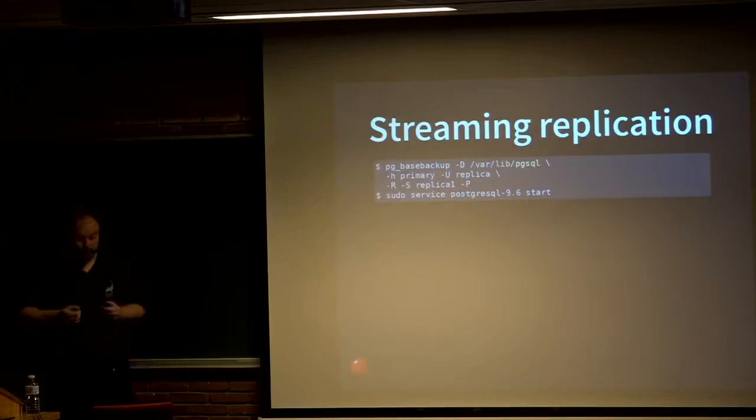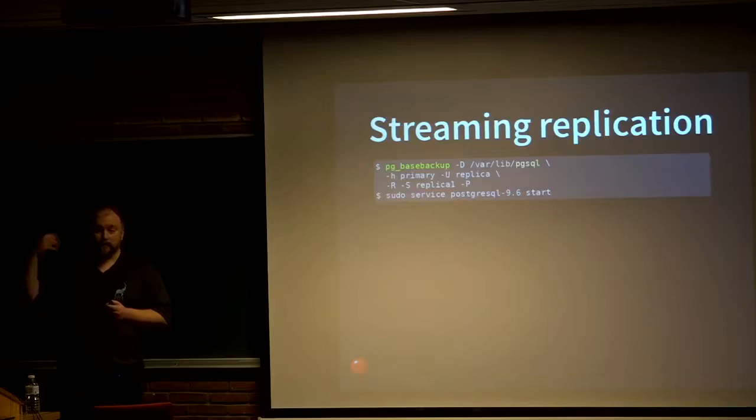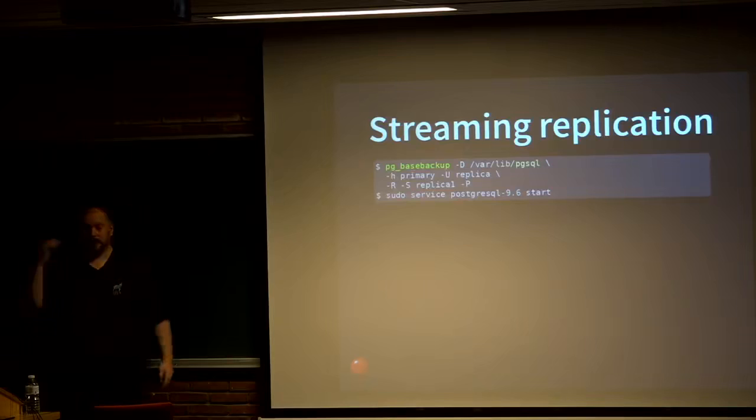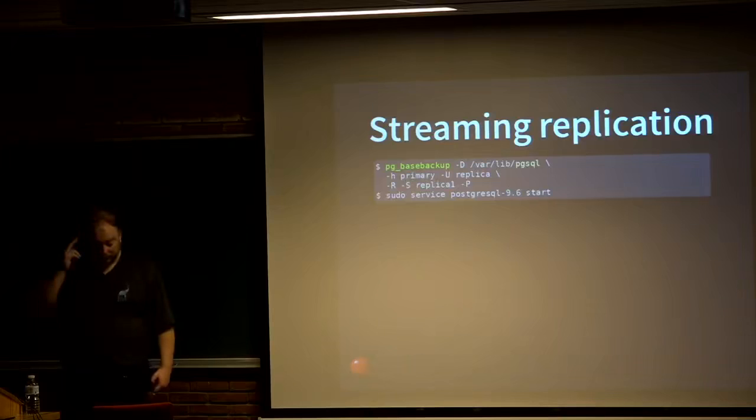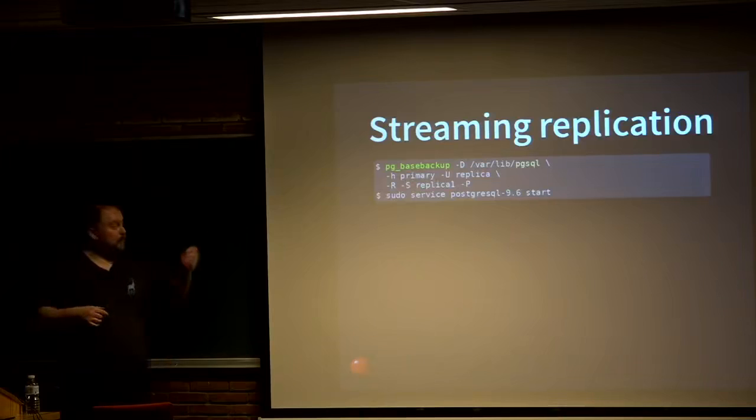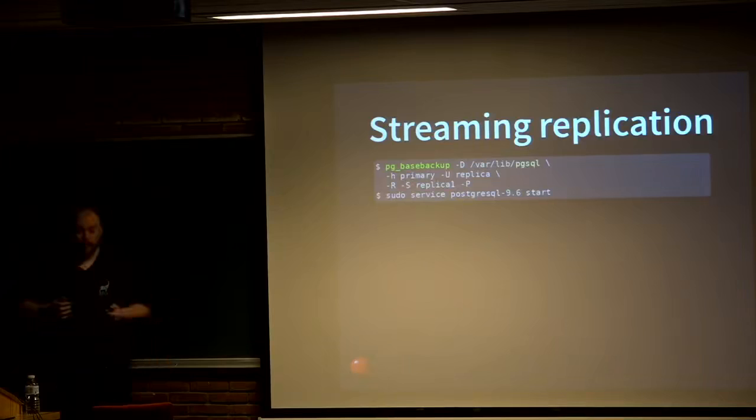It's basically 2 commands. First you run the command pg_basebackup, which will take a backup of your master node. So basically we take the backup from the master to the standby, and then we provision from there. We give it a directory just where we want it, /var/lib/pgsql or wherever we like to have it.